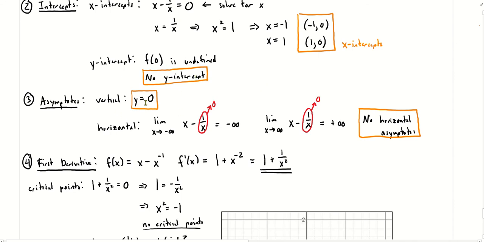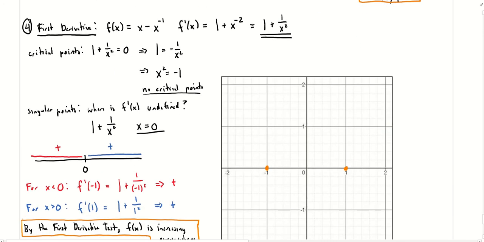Next thing I'm going to do is draw in my asymptotes. So my vertical asymptote, sorry, that should be an x, is at x equals 0. And I don't have any horizontal asymptote, so I'm just going to draw in my vertical asymptote at 0. You usually see this in graphs as a dotted line at 0.